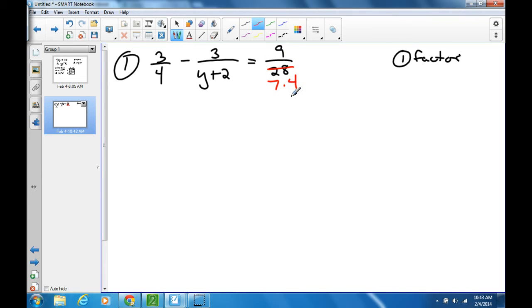All right? So one of the things I want to do before I solve for y is find a common denominator. What would be my common denominator here? You want each factor to be represented once.